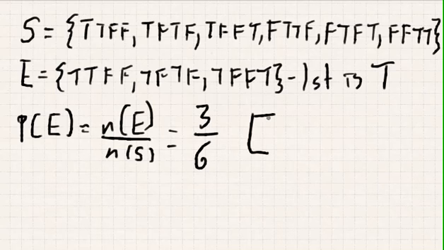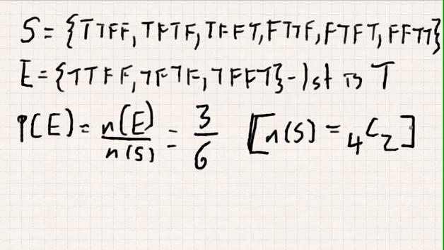I'm going to note that the number of things in S is actually 4C2, because you're choosing 2 of the answers to be true and the other ones are then false. You can show that this is 6. And 3/6 is the same thing as 1/2. Well, that makes sense. Guessing on a true-false question, half the time you should be right.